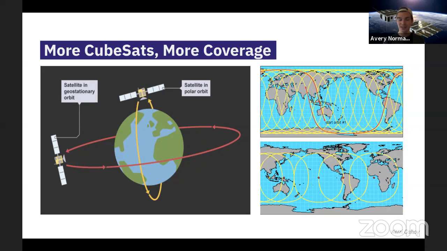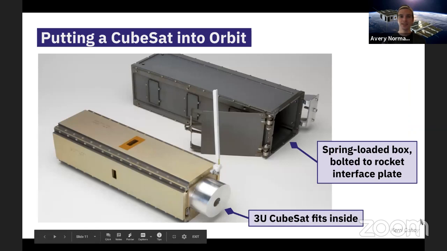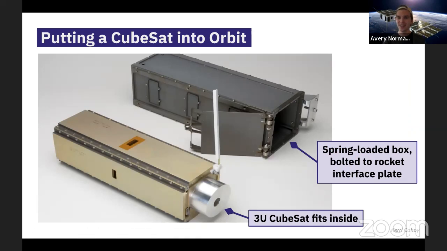Immediately, because CubeSats are lower cost, because you can have more of them, you see how their small size can be compensated for in terms of just developing this group of CubeSats, which is also called a constellation of CubeSatellites. And so how do we get a CubeSat into orbit? It's actually really cool. These launchers are effectively bolted to wherever you can fit into a rocket.